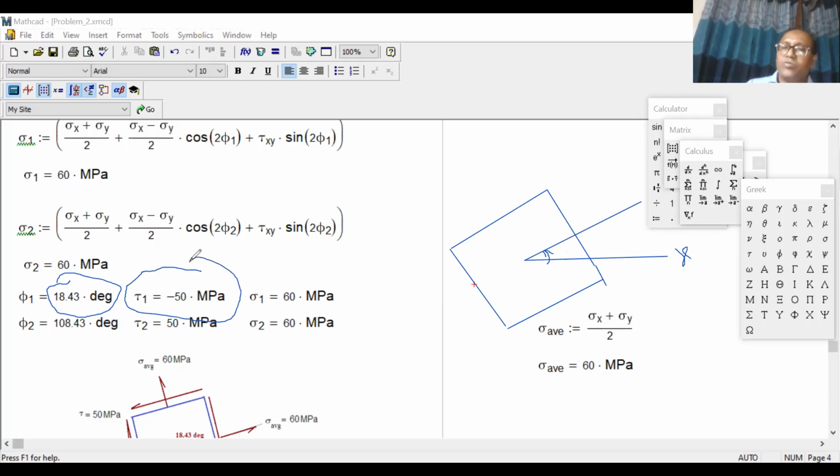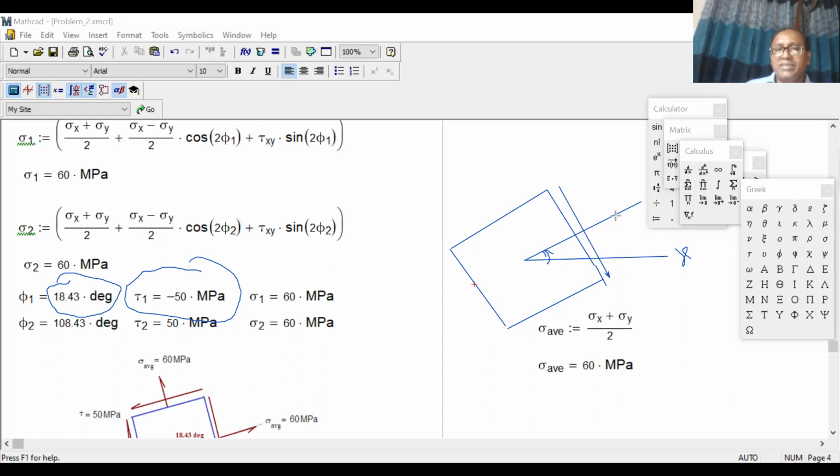So tau, when rotating anticlockwise, is positive, but this tau is rotating clockwise, so it is minus. So tau on this side will be along this direction. And right over here, what is the value of sigma? It says positive 60.